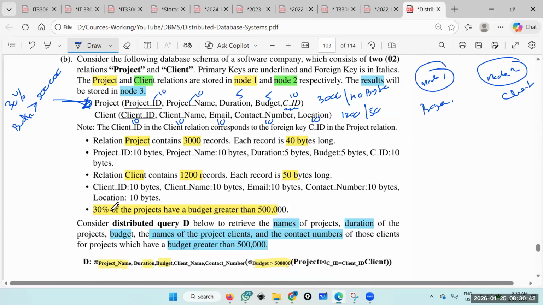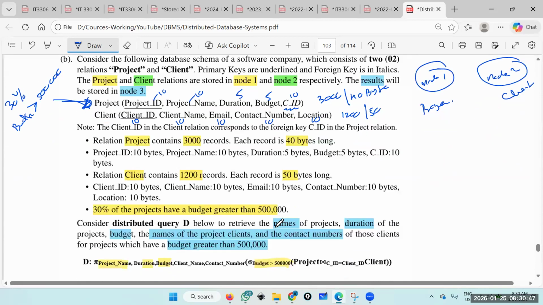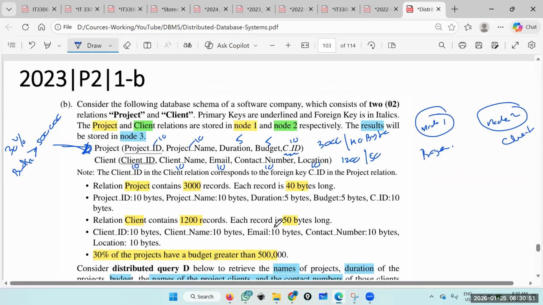Consider the distributed query D below to retrieve the name of the project, duration of the project, budget. Name, duration, budget.